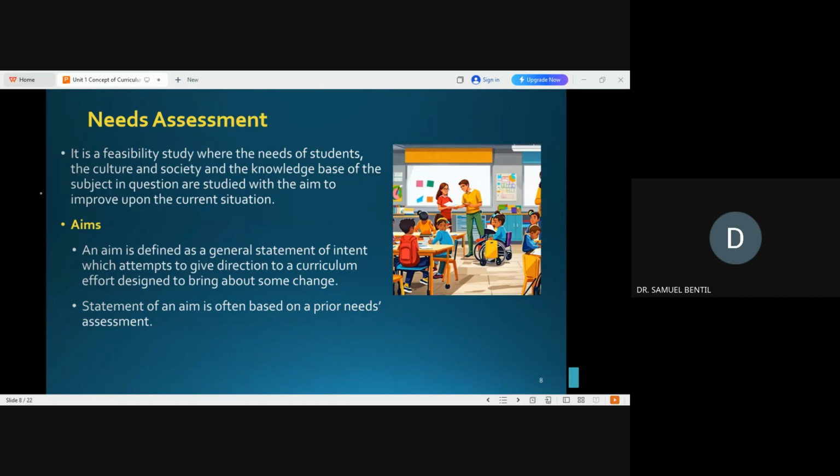The needs assessment is a feasibility study that you do to know the needs, the concerns, and the demands of the society, and what society believes should be the form of education for their children. And also the learners themselves, what they want and demand should be transmitted to them, because if it is not reflective of learners' background and their maturity level, at the end of the day, you have a program which may not be reflective of students' needs.